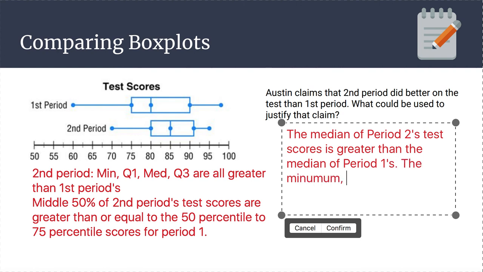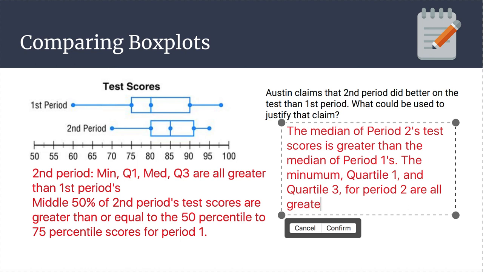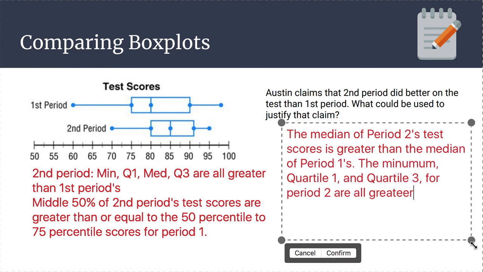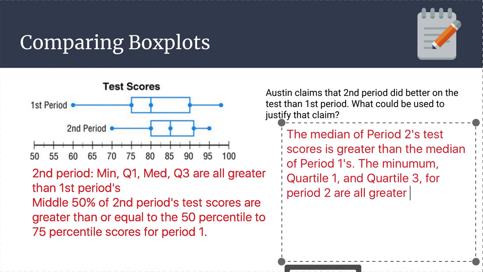The minimum, quartile 1 and quartile 3 are all for period 2 are all greater than the respective statistics for period 1.